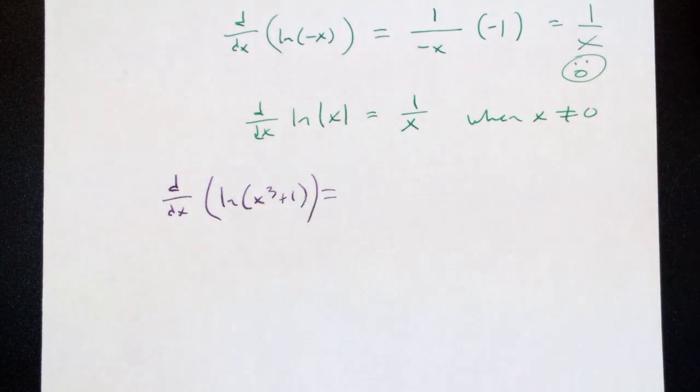What is the derivative of ln of x cubed plus 1? Derivative of ln of stuff is 1 over stuff, then times the derivative of stuff.